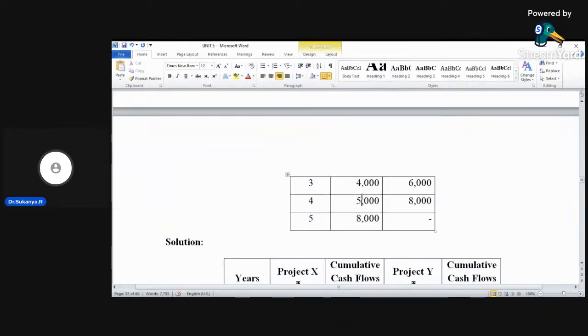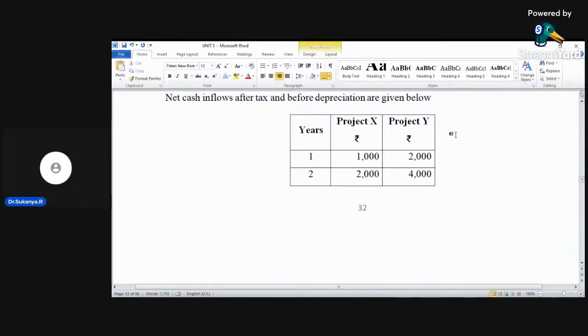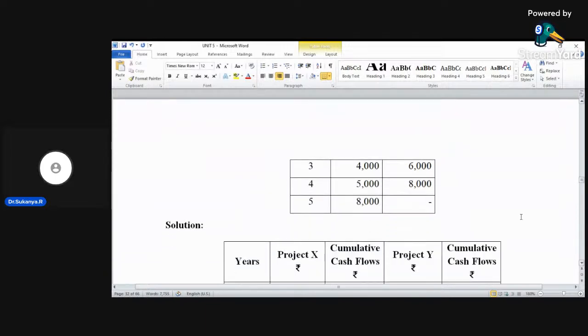In the fourth year, 5,000 rupees. And in the fifth year, 8,000 rupees. Now, for project Y, the company is in a position to recover 2,000 rupees in the first year, 4,000 rupees cash inflow in the second year, 6,000 rupees in the third year, and 8,000 rupees in the fourth year.